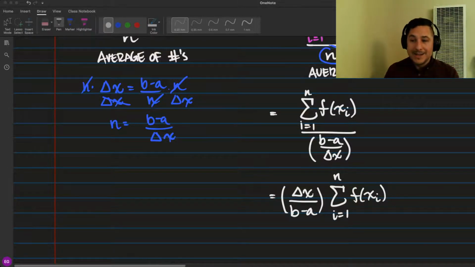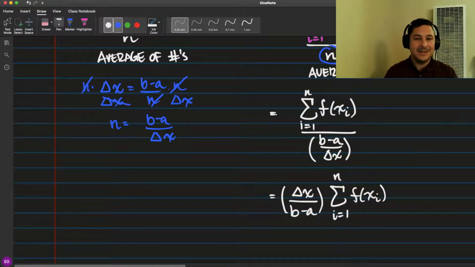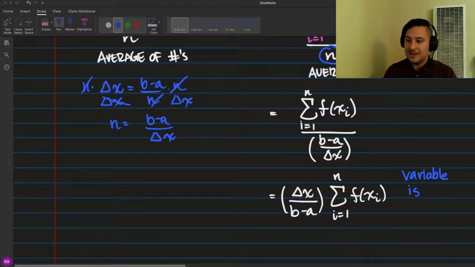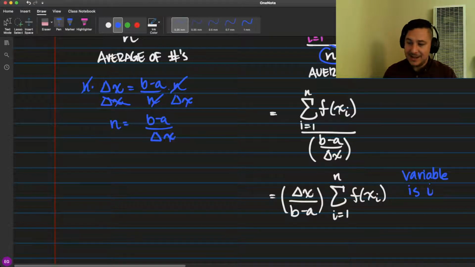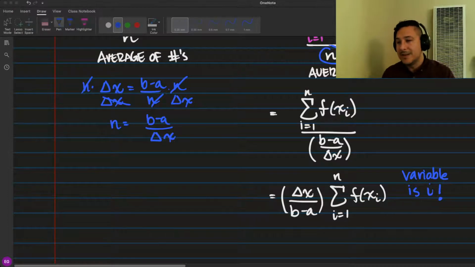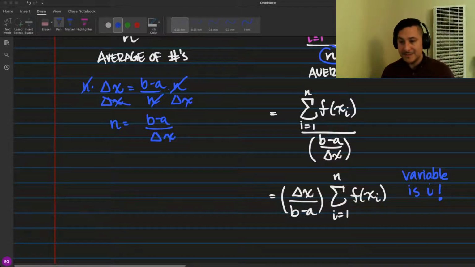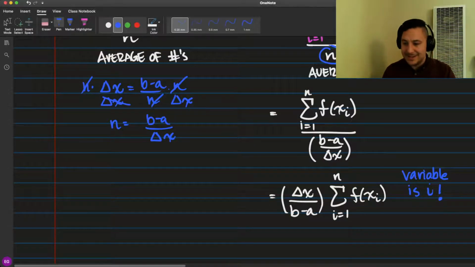Now, what is the variable of summation here? The variable is i, which means this delta x over here is what as far as I'm concerned? So the delta x is a constant.